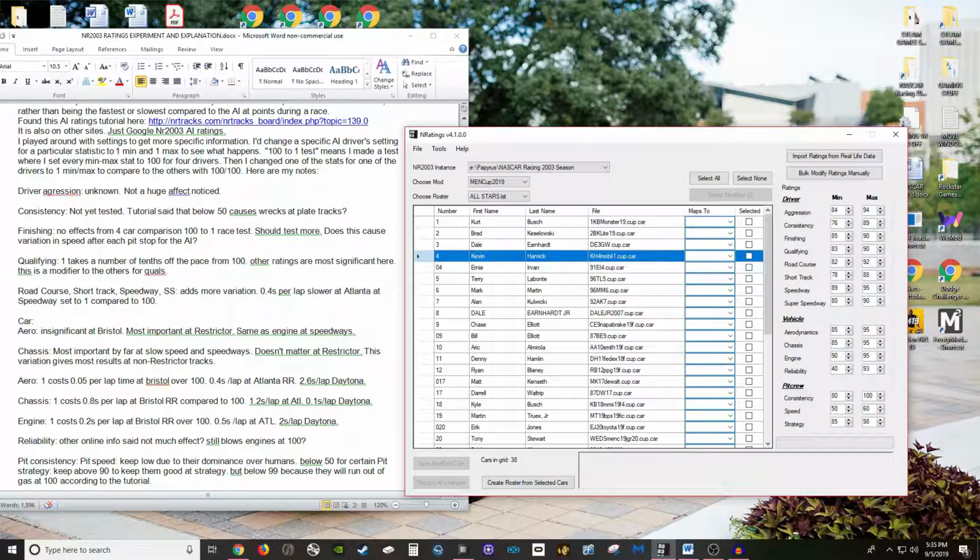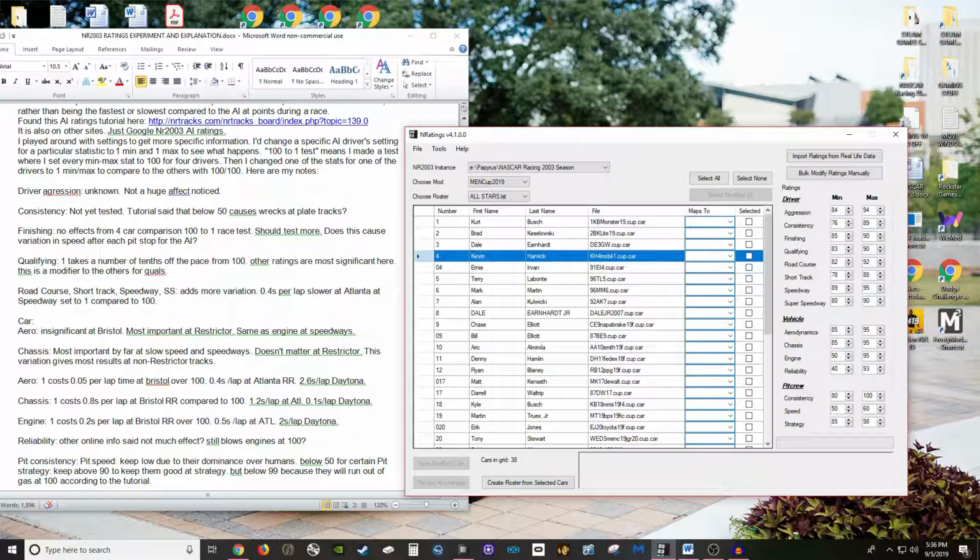Finishing the race. No effects from a 4-car comparison, 100 down to 1. So at the end of the day, does it really make a big difference? Not sure. Qualifying. This one says it takes a number of tenths off the pace from 1 to 100.